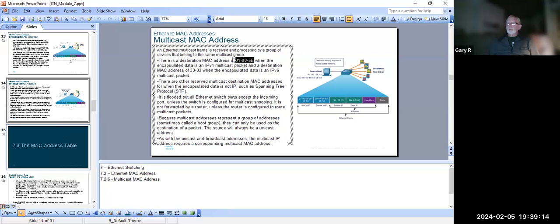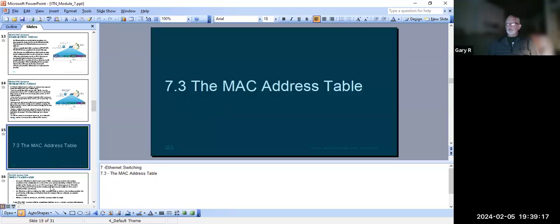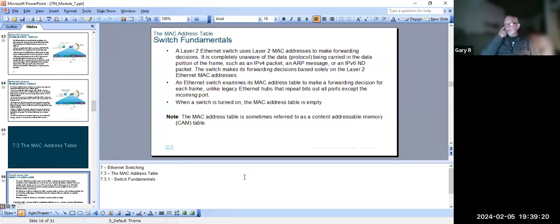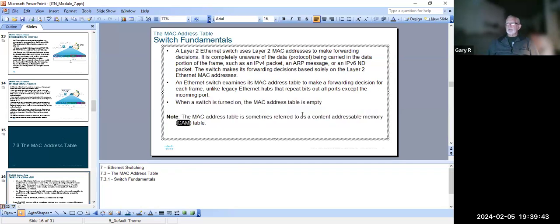Now, the way switches work is switches forward frames based upon the destination MAC address, okay? So what it has to do is keep a table of MAC addresses and the ports out which it learned that particular MAC address. So essentially, we have what's called a MAC address table, sometimes also called a CAM table. But basically, you have the one or more MAC addresses learned out a given port on a switch.